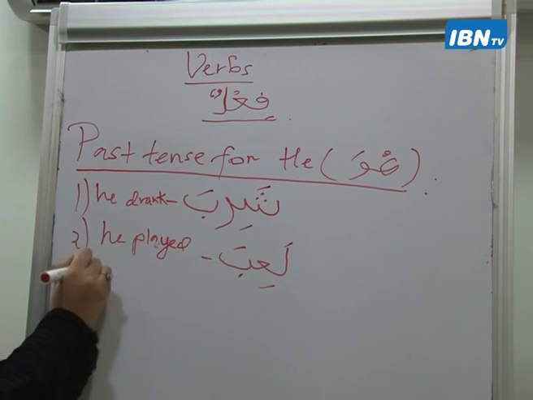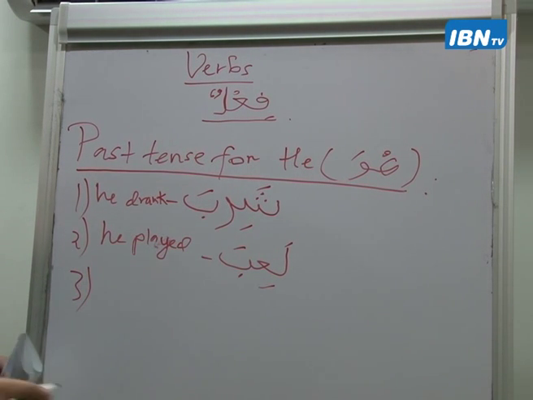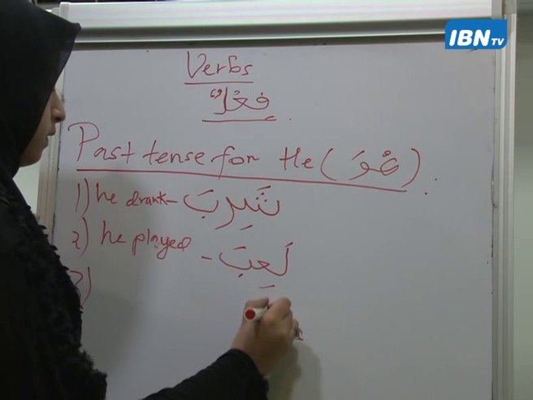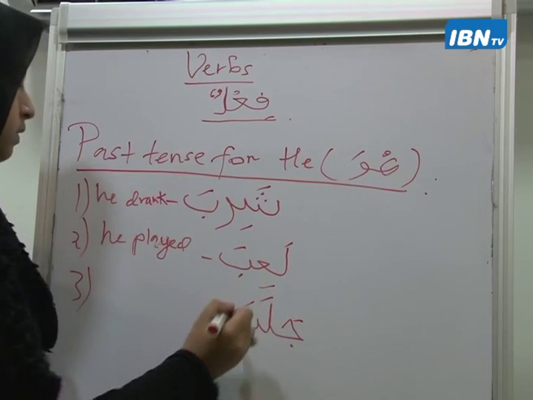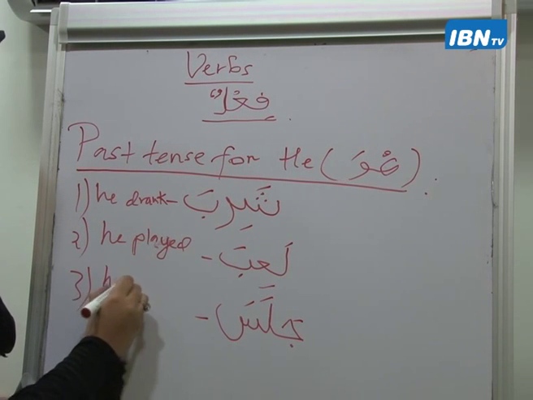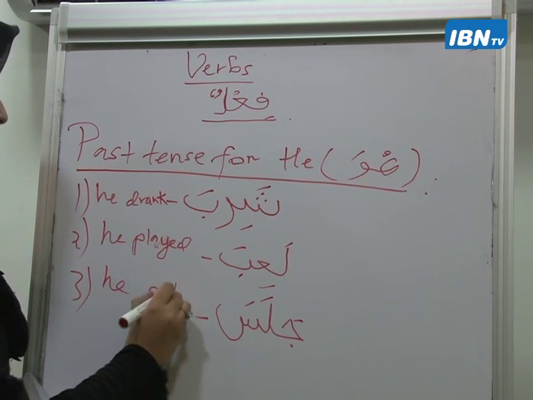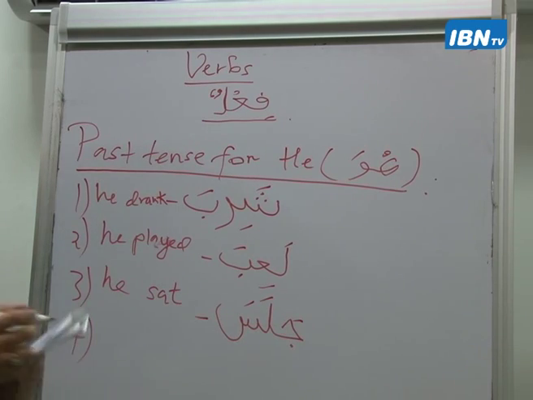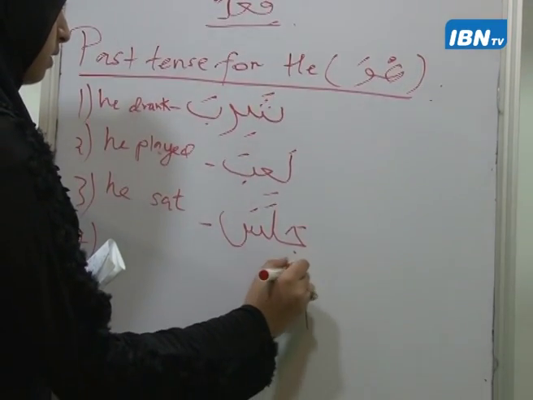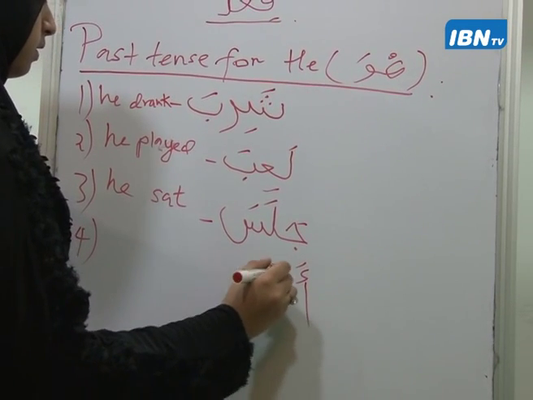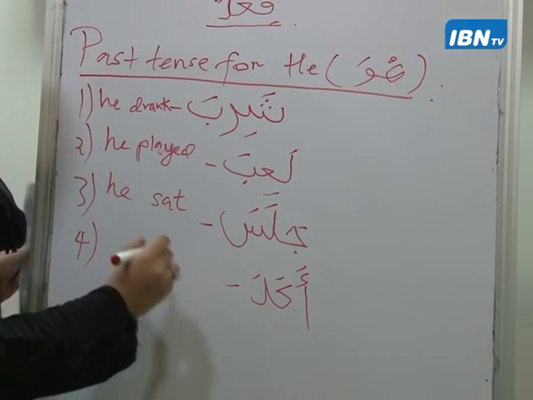Right? Then we have jalasa. Jalasa means he sat. And then we have akala. Akala means he ate.